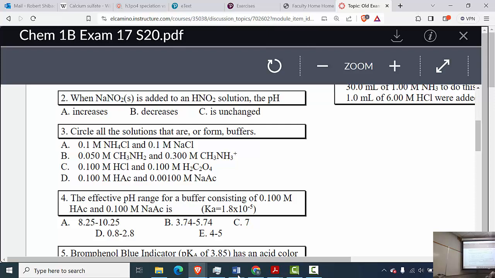You don't want it to go beyond 1 to 10 and 10 to 1. That's the buffer range. So it's actually very good you guys waited, because this is all stuff you should know for this test.